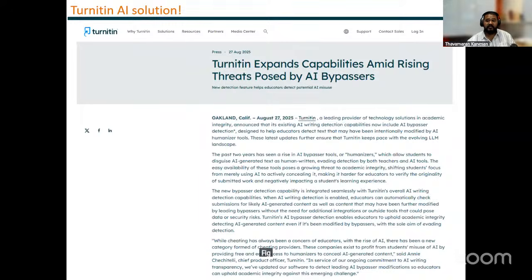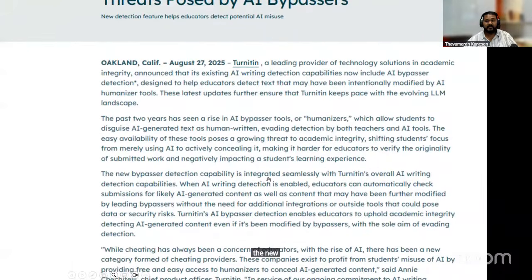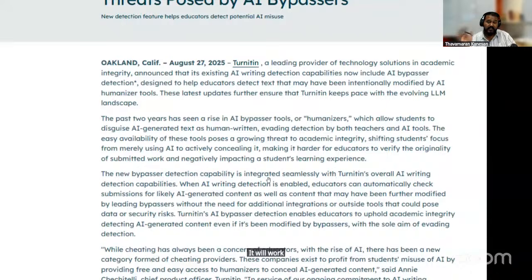Fake is one thing, but you have another major problem: Turnitin. You see this latest release, Turnitin's new bypass detection capability. Once you use AI, it's 100%. If you use humanizing tools before October 2025, it will work. After October 2025, none of the humanizing tools will work. I have many videos on that already.